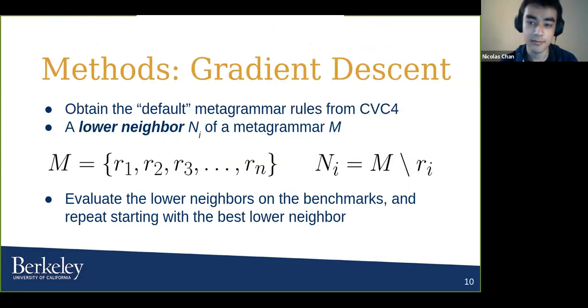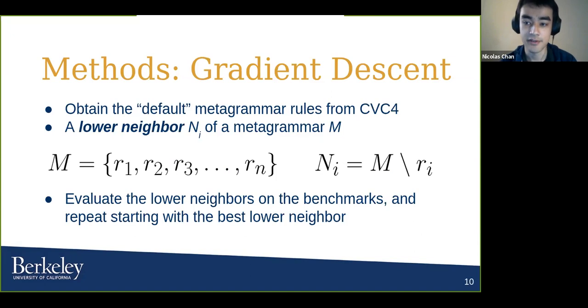So the obvious question now is, what rules should we put in our metagrammar in order to get good grammars in general? To investigate this, we use CVC4, which is one of the state-of-the-art tools for solving syntax-guided synthesis problems. We have to start somewhere. So we used an option in CVC4 where you can trace out how it's constructing a grammar when one's not specified.